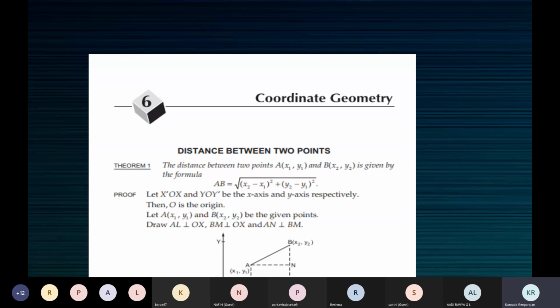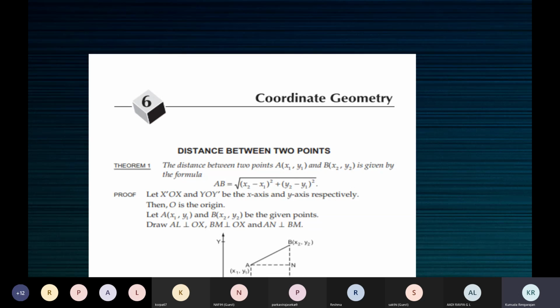10 minus 8 the whole square is 2 squared, 4. Okay, why 2 always? 10 minus 7. So 10 minus 7 the whole square is 3 squared, 9. 7 minus 10 the whole square: 7 minus 10 is minus 3 squared, minus 3 into minus 3 is 9.